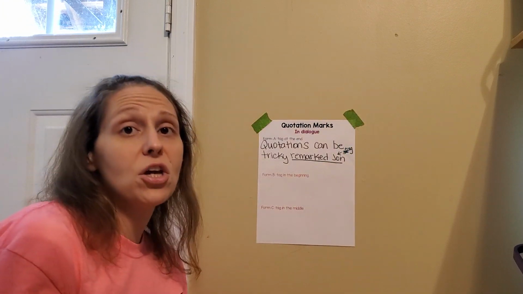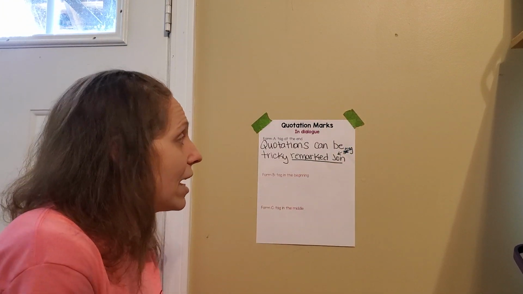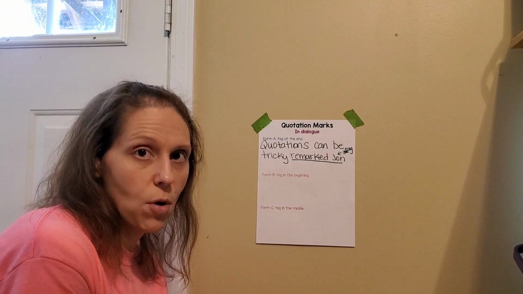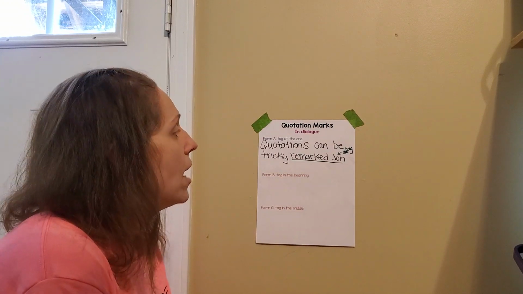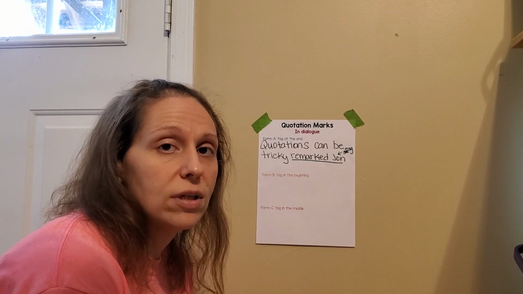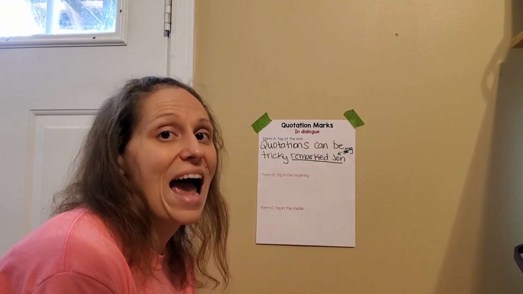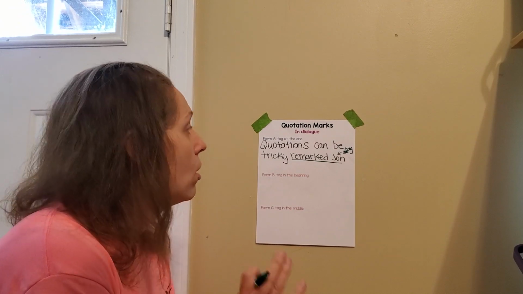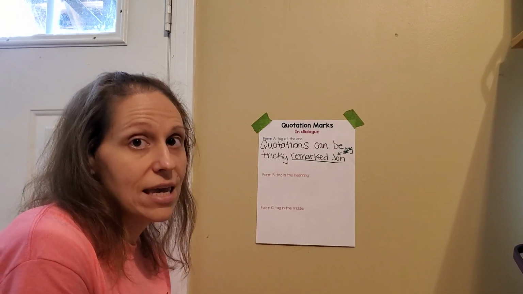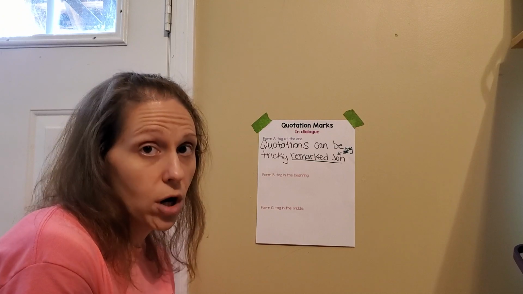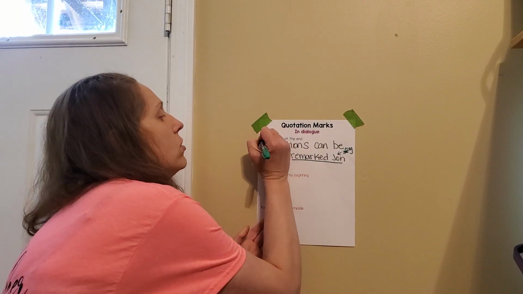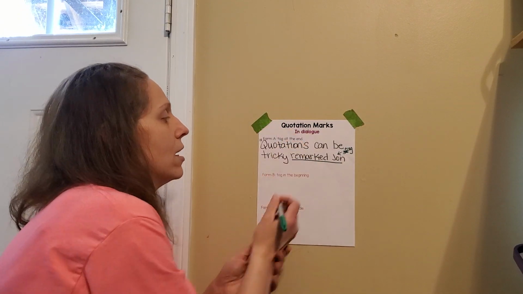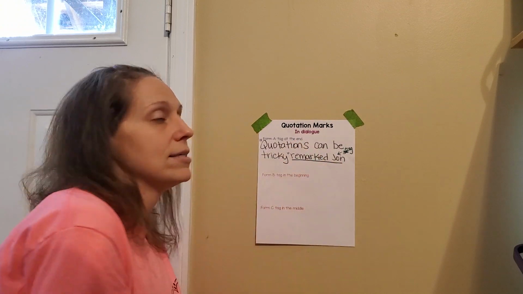Now that I've identified my tag, I can go in and add my quotation marks and other punctuation. I put my quotation marks only around what John actually said. And what did he actually say? Quotations can be tricky. He did not say, remarked John. So I'm going to put my quotation marks at the beginning and at the end of what he said.